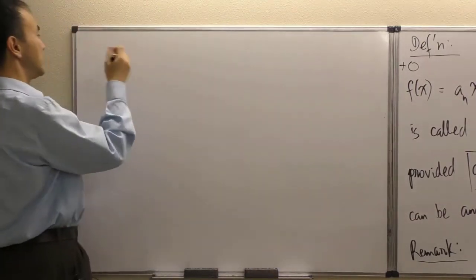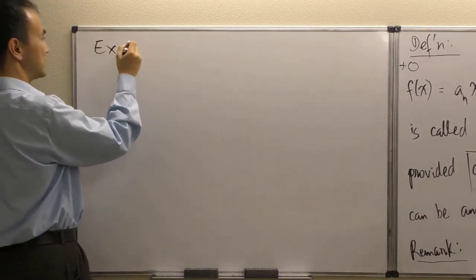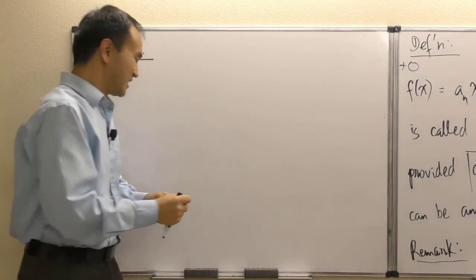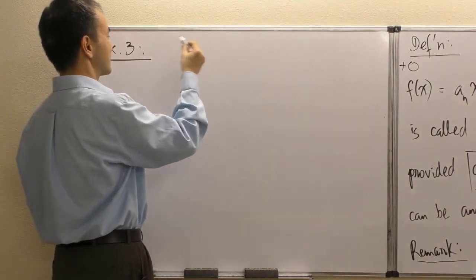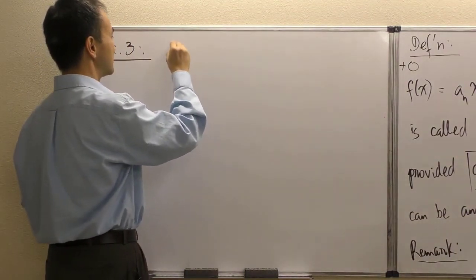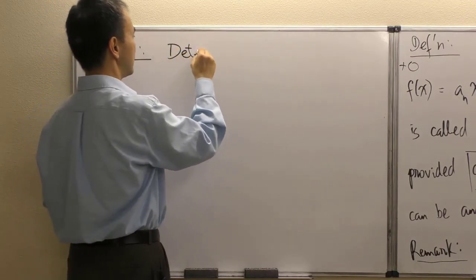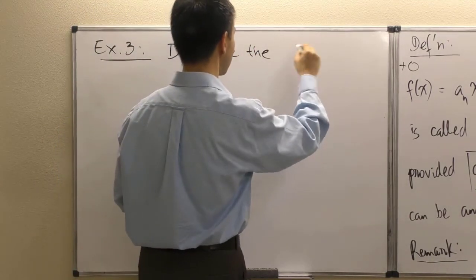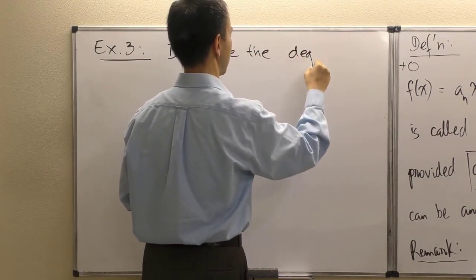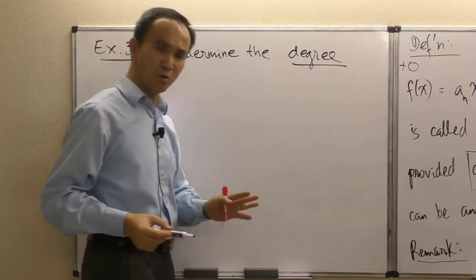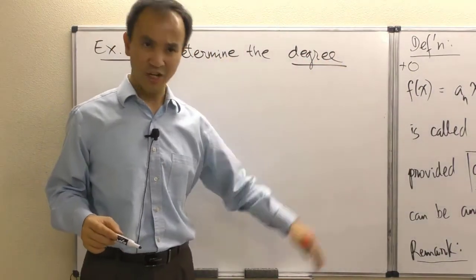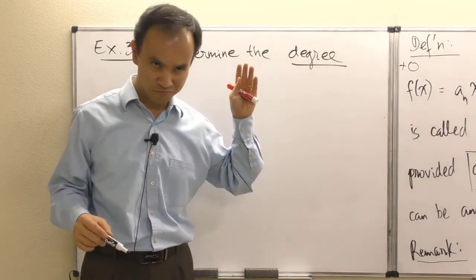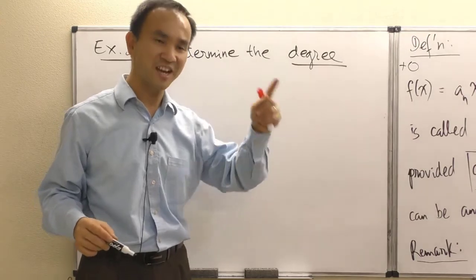All right, this example 3 here is simply one class of problem where we just practice. We just need to determine the degree, because that's a very common word. Once we get fluent with this skill, then one day you're simply given a polynomial and you will know within seconds the degree and the leading coefficient.